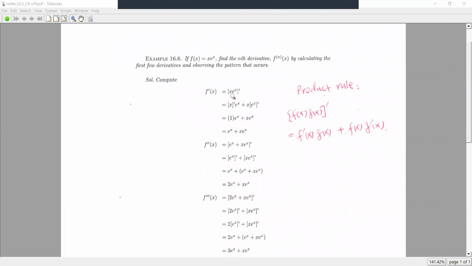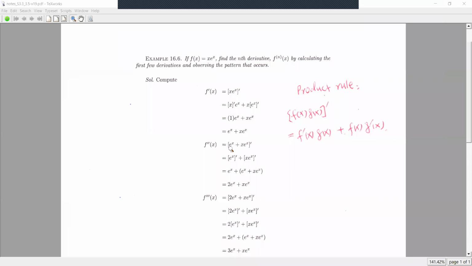The function is a product, so by the product rule, we have this equation. Derivative of x is 1, and derivative of e to the x is e to the x. So this is the result of the first derivative.